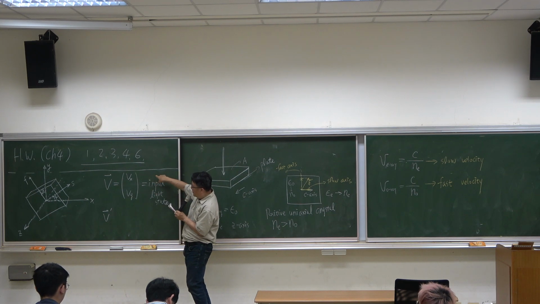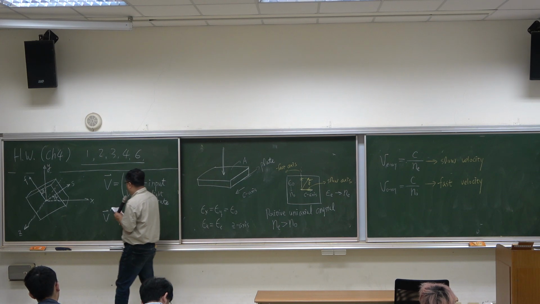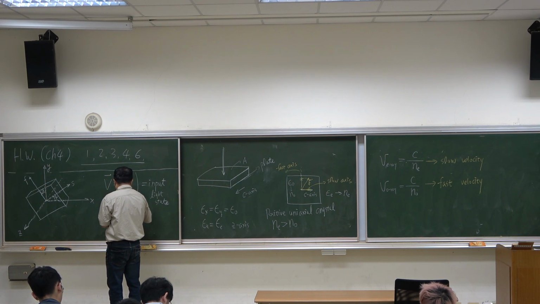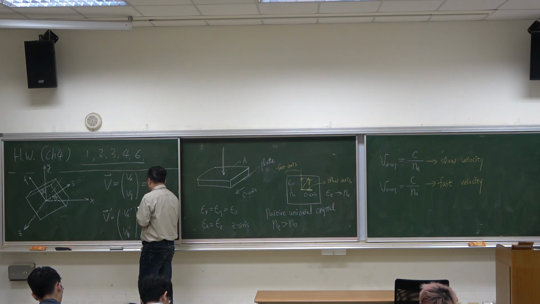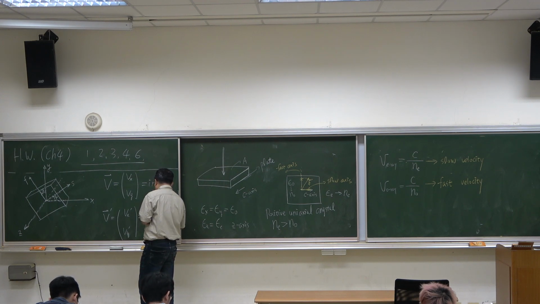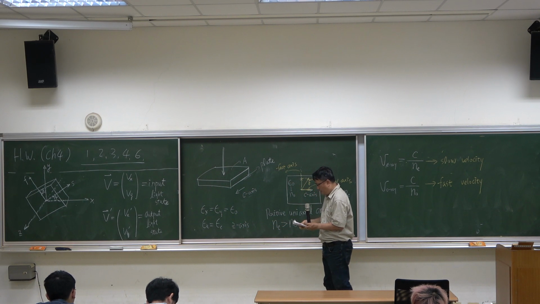This is the polarization state of the input light. Okay, we want to know Vx prime, Vy prime, the polarization state of the output light.